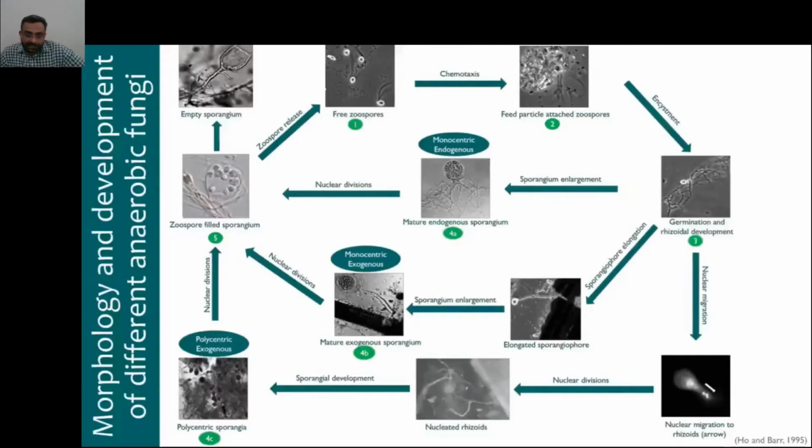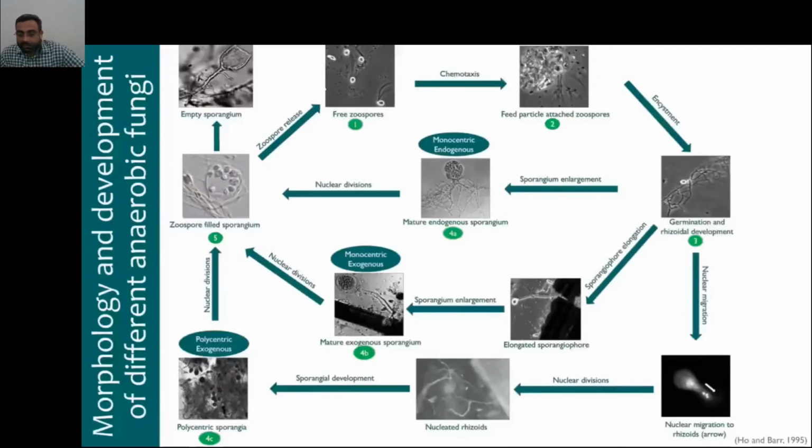So in that case, the nucleus had to move from the zoospore cyst to the sporangium, and that is why it is called the monocentric exogenous type of development. Now, since this nucleus remains within the sporangium and doesn't migrate to the rhizoidal structures, the rhizoids of monocentric fungi are anucleated, and this type of development is known as determinate development.